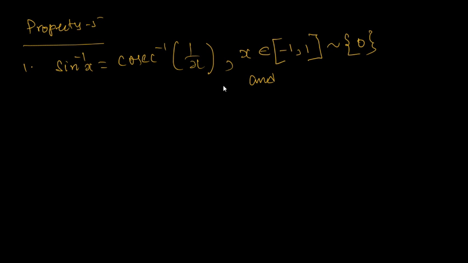That is, we can say cosecant inverse of x is equal to sine inverse of 1 by x.